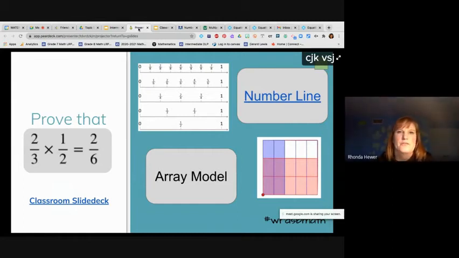A really great thing when students are doing this is to use really great language. So 2/3 times 1/2 is 2/3 of 1/2. I want you to visualize that, 2/3 of 1/2. So I have a pan of brownies. There's half of the pan left. Half of the pan still has brownies in it.